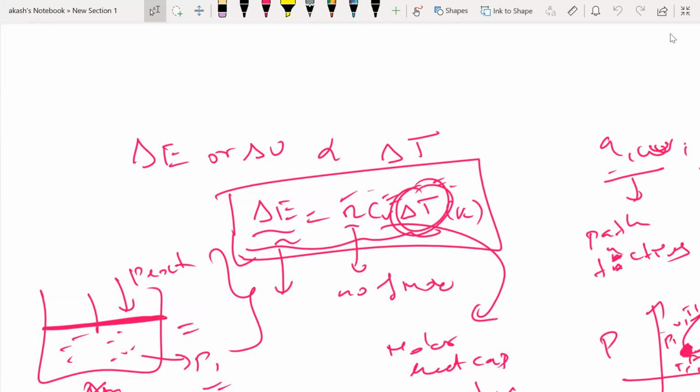I'll repeat the question. 8 grams of O2 gas at STP is expanded so that the volume is doubled. Find the work done. You can tell me the answer in liter atmosphere only. That's the unit.